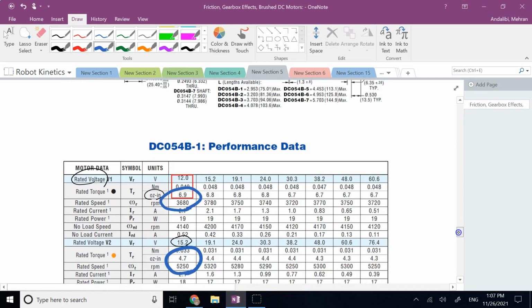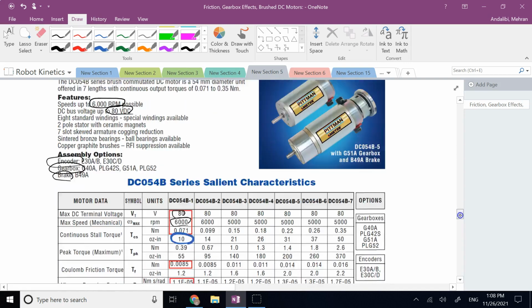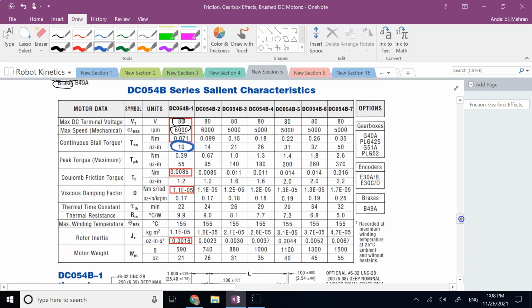One of them is 6.9, the other one is 4.7. So although you can go up to 10, that's where the motor stops rotating, and that's where you are taking too much juice out of the wires that you are going to burn the wires soon. So you should not count on 10 ounce-inch of torque out of this motor.